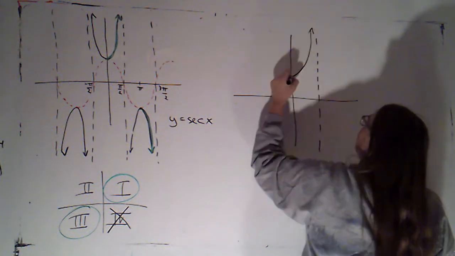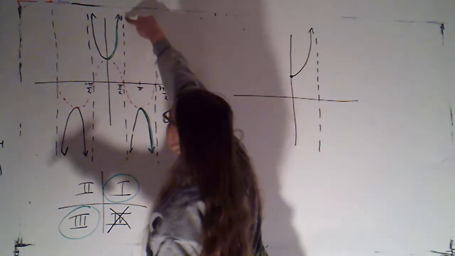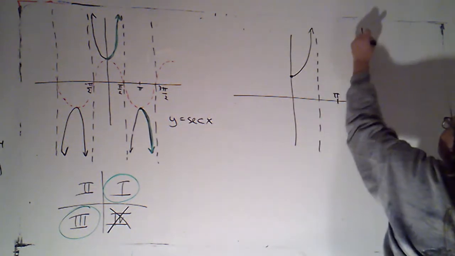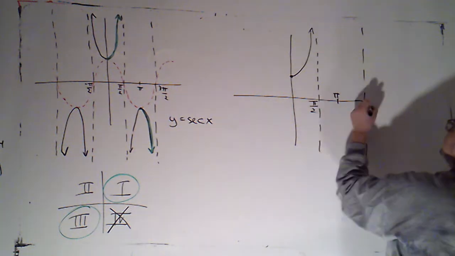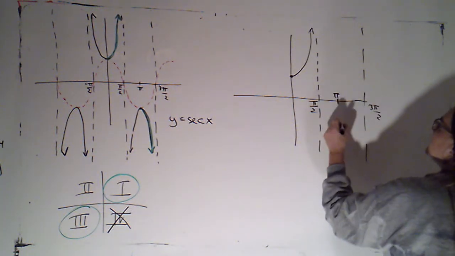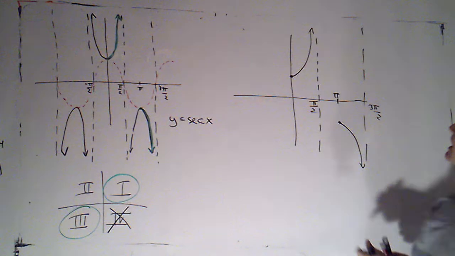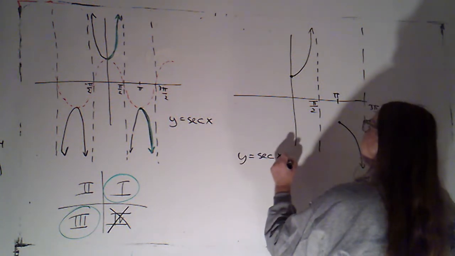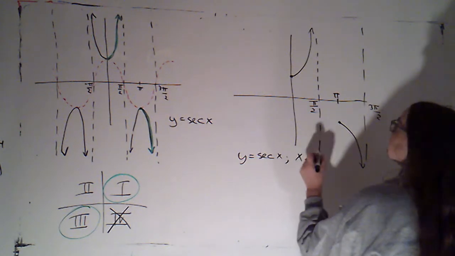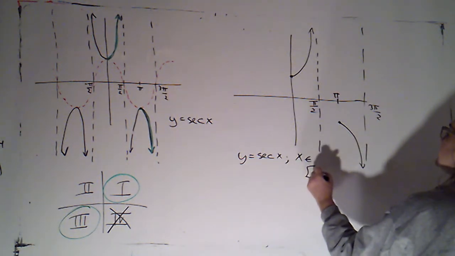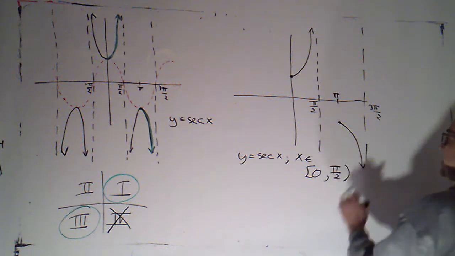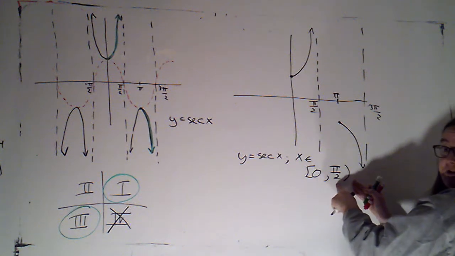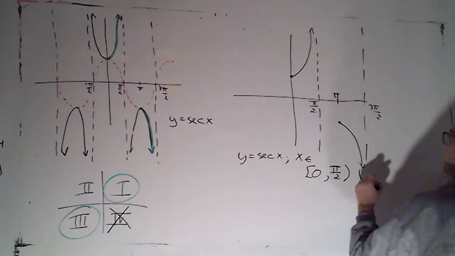We get the right half of this u, and we get the right half, so this is pi over 2, this is 3 pi over 2. We also get the right half of this upside down u. So this is y equals secant of x, where x is in the interval from 0 to pi over 2, including 0 because secant's defined there, but not including pi over 2 because secant is not defined there.